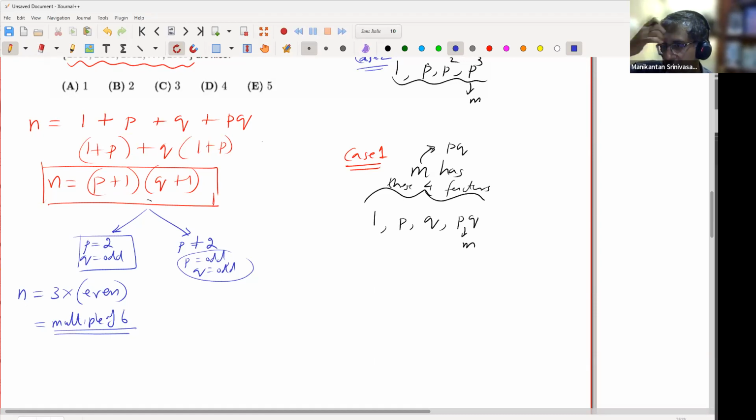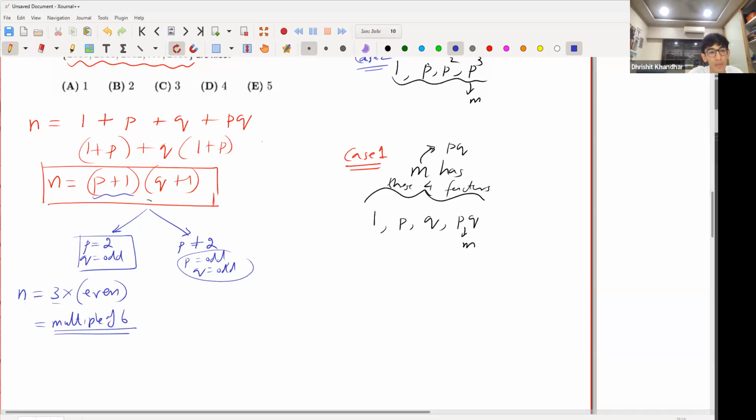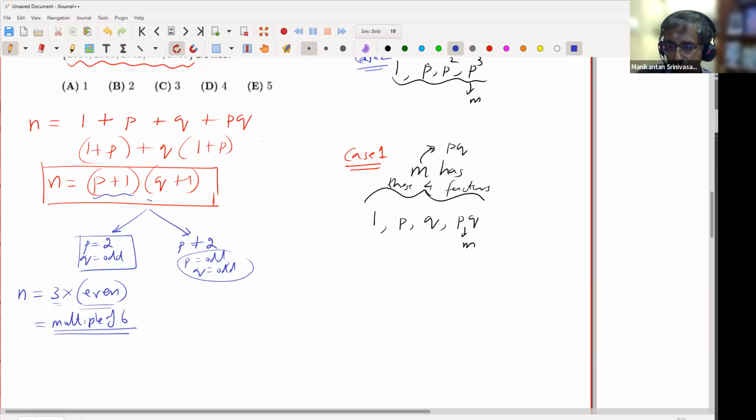If P is 2, then P plus 1 is 3, and N becomes 3 times some even number, because Q is some other odd prime, let's say Q is 17, so Q plus 1 is an even number. So the product is definitely a multiple of 6.